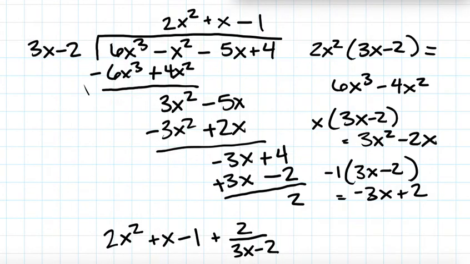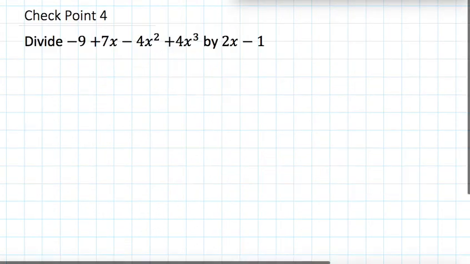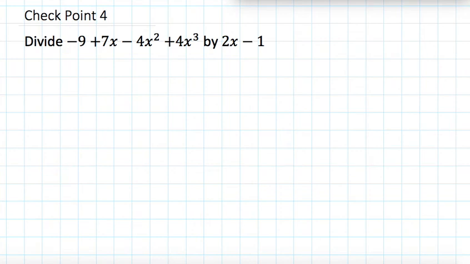So what you should do next is checkpoint problem number 4. Now this one, the answer is a little bit different because your remainder is negative. And so there's 2 ways that you can write that. Your answer is going to look like this. 2x squared minus x plus 3.